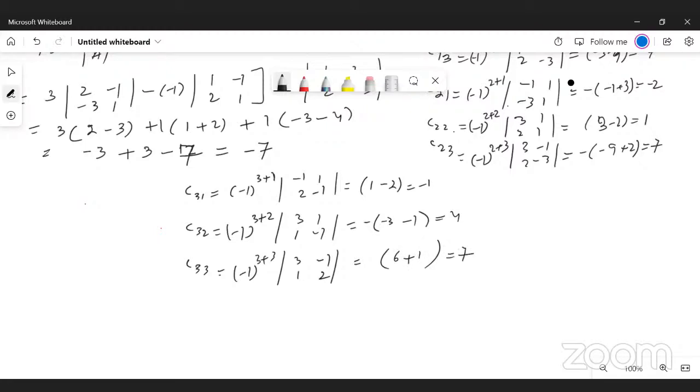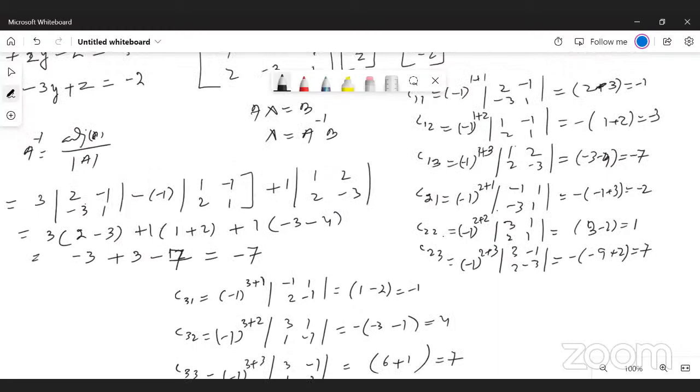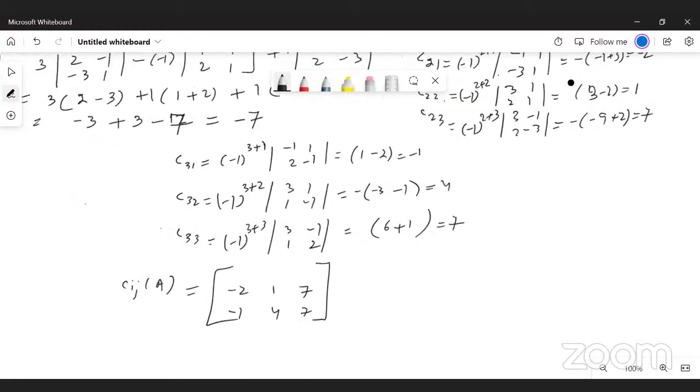So the cofactor Cij of the matrix A: third row is -1, 4 and 7. Then the row above is -2, 1, 7. Then the row above is -1, -3, -7.